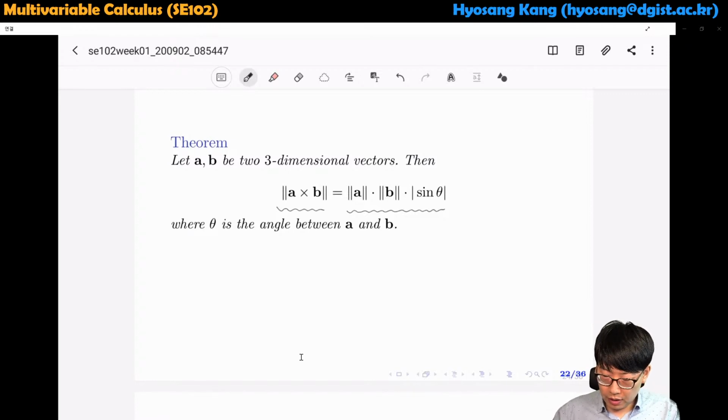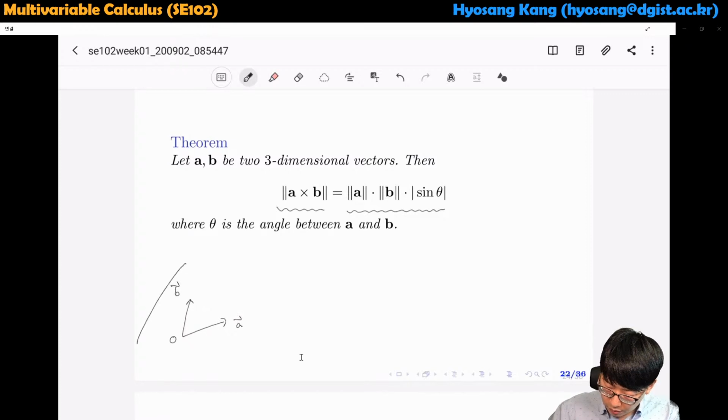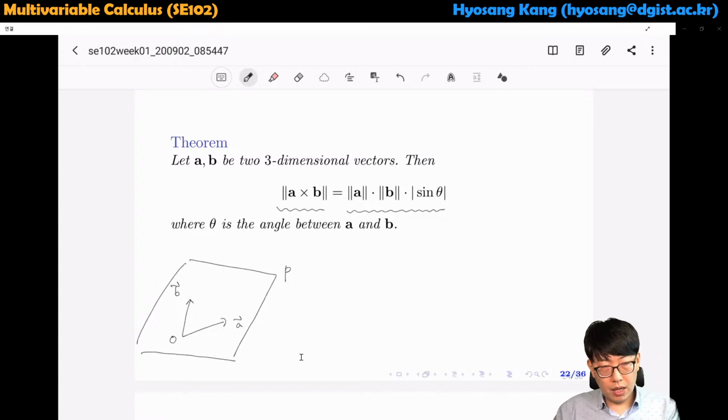Even though A and B are three-dimensional vectors, I want to put them in a two-dimensional plane, and I want to look at this two-dimensional plane as my XY plane. So here you have A and B, and this is the origin in three-dimensional space, and this plane may not be the XY plane, but I want to look at it as if it's the XY plane by rearranging my X, Y and Z axes.